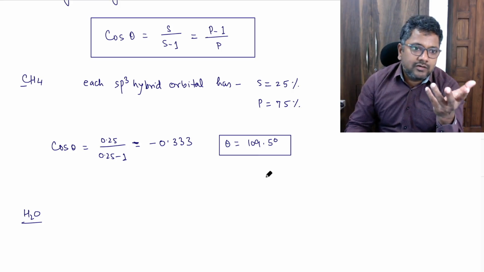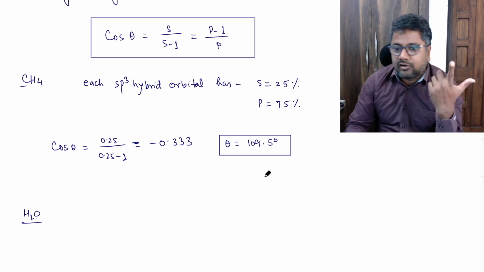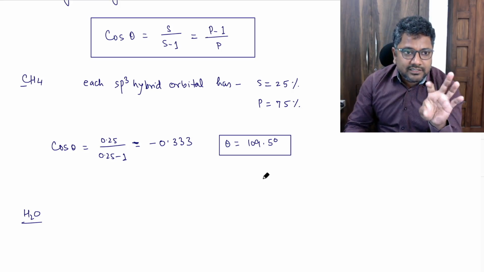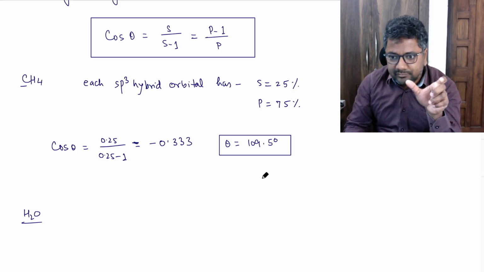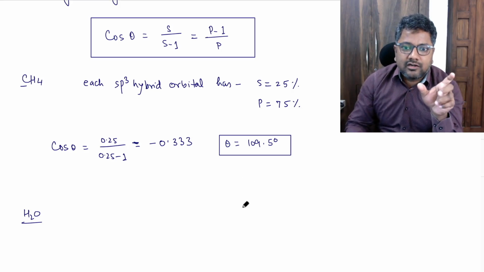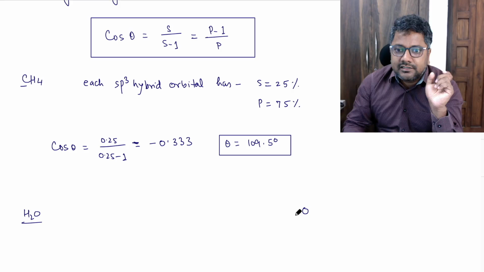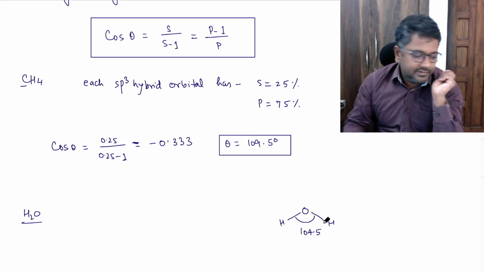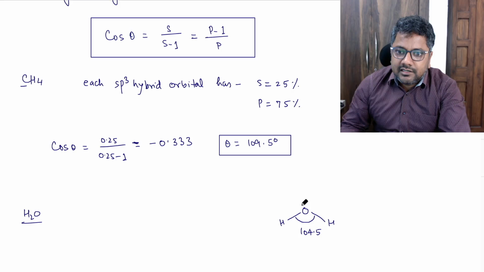We don't know the angle between the two non-bonded electrons, but we know the angle between bonding electrons in water is 104.5.